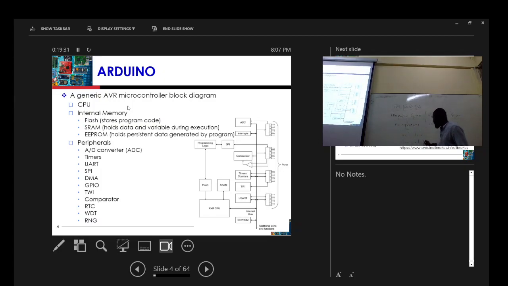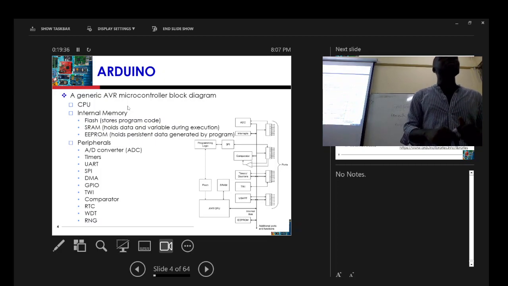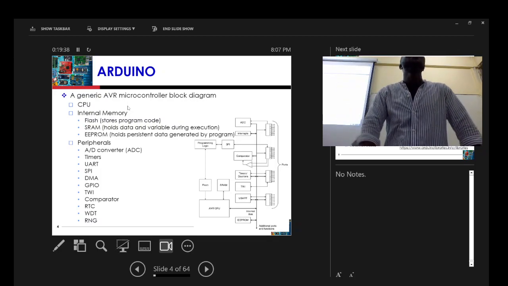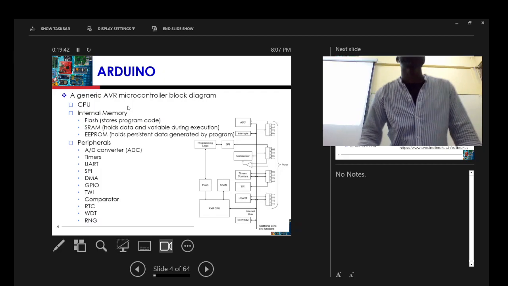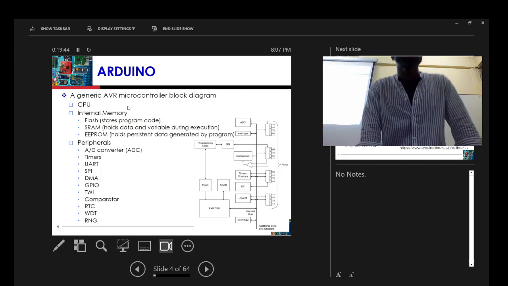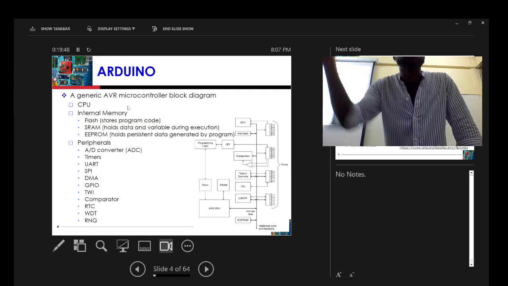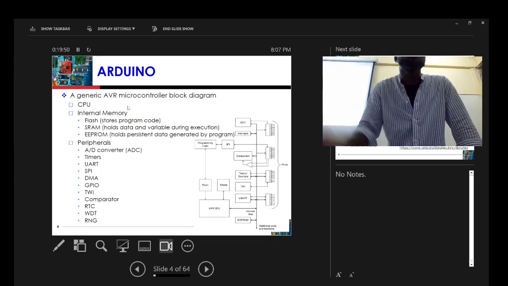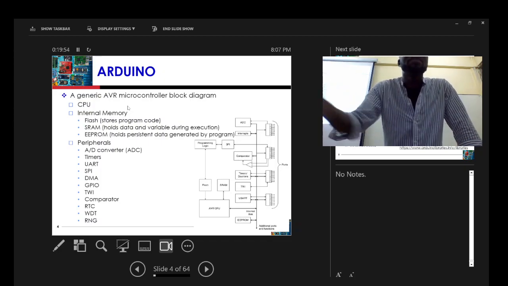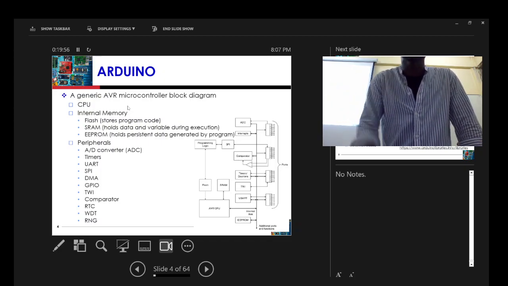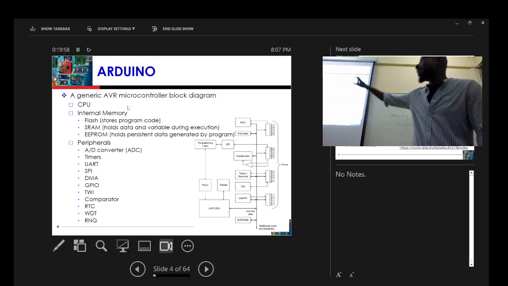What does volatile memory mean? It's just an English term. And non-volatile means what? It retains the data when there's no power.